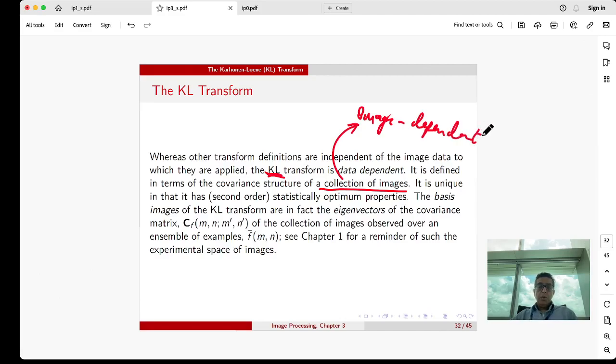Okay. So the way that the basis images of the KL transform are defined is by stacking the images up into an experimental space, like we talked about in chapter 1, and then removing the mean, finding then the covariance matrix. In fact, it's a four-dimensional kind of covariance function, but you turn that into a covariance function which deals in flattened images.